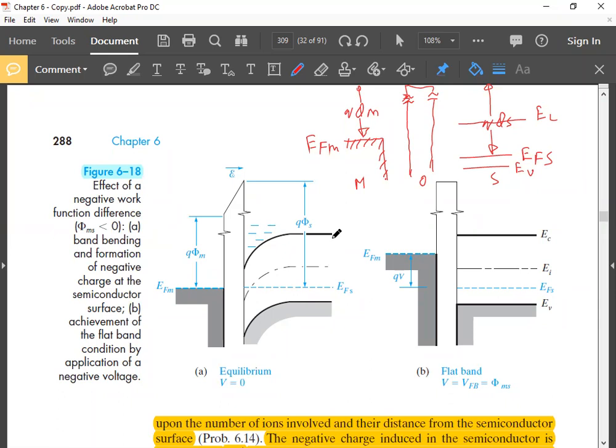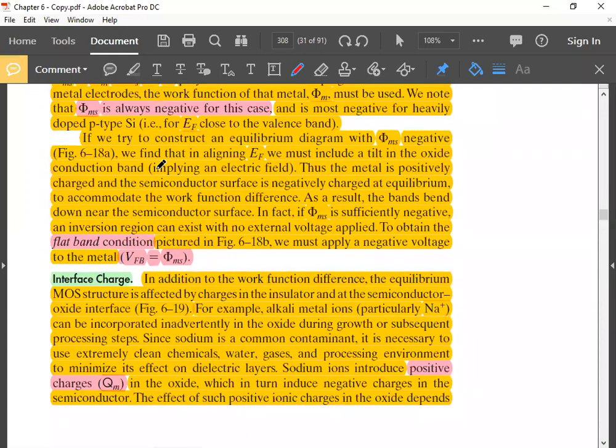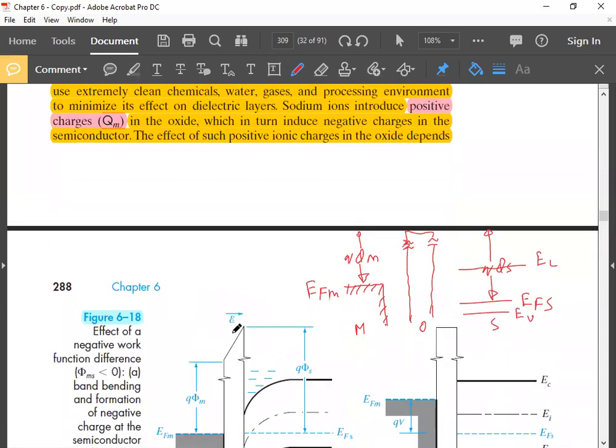Just say, an observation. It may happen. So those are the things mentioned here. If we try to construct an equilibrium diagram with phi m negative, we find that in aligning EF, we must include a tilt in the oxide conduction band, implying an electric field. They're talking about this tilt.